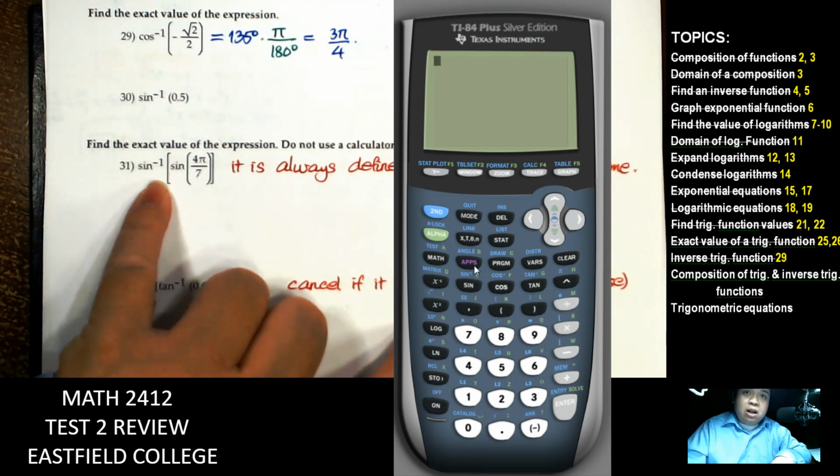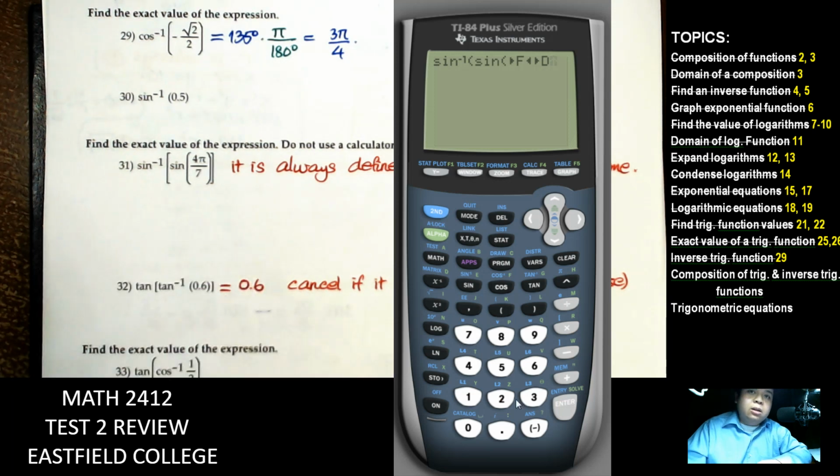Right, so sine inverse of sine of 4 pi over 7. Sine inverse and then sine, and then the fraction 4 pi over 7.